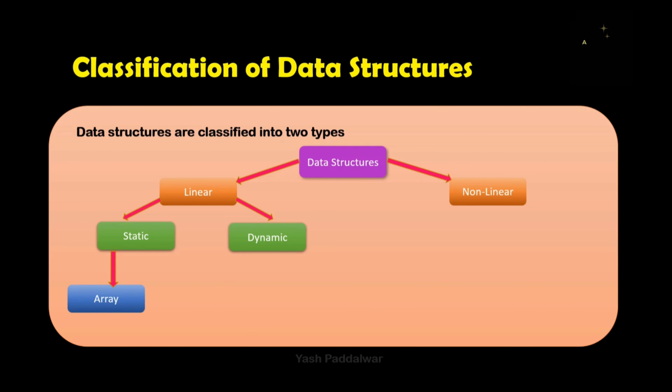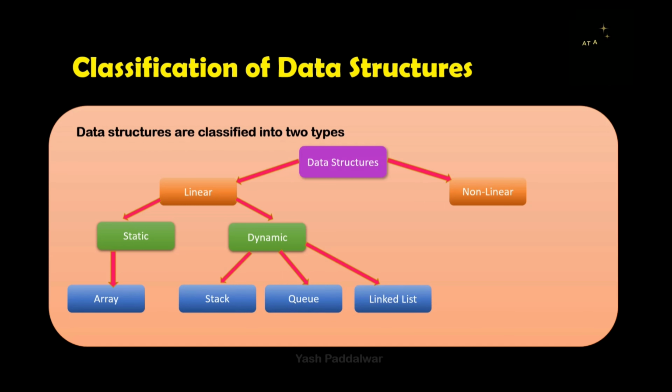Talking about the dynamic data structure, the speciality of this is that when applying operations, we can modify its memory size. Examples of dynamic data structures are stacks, queues, and linked lists. In the upcoming videos, we will be looking into a detailed explanation of all of these data structures.